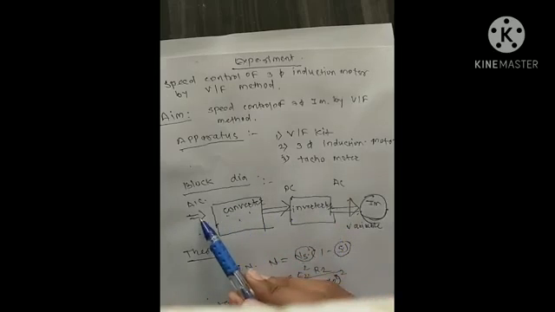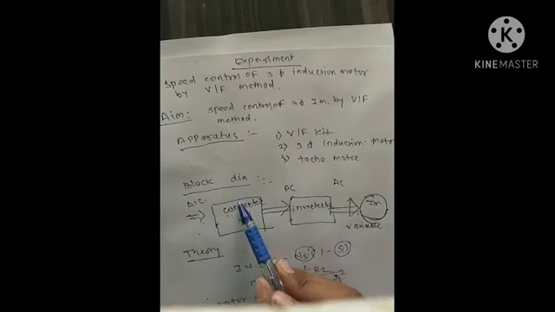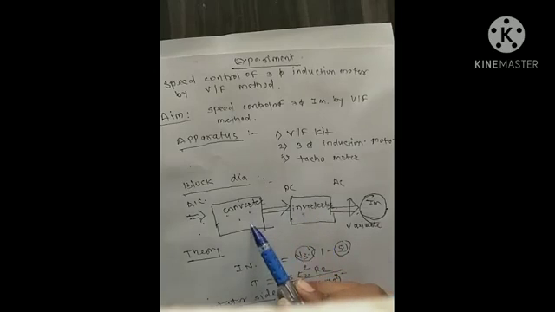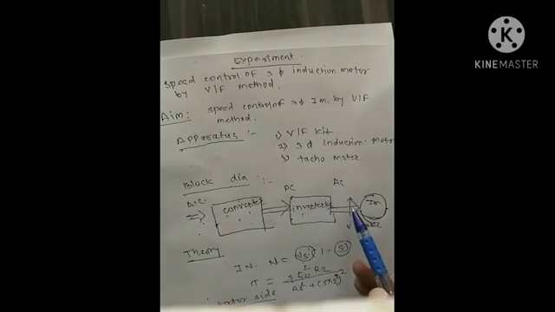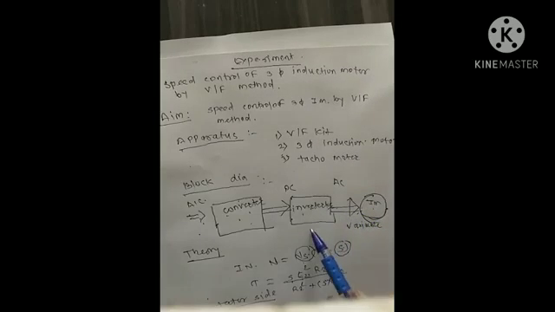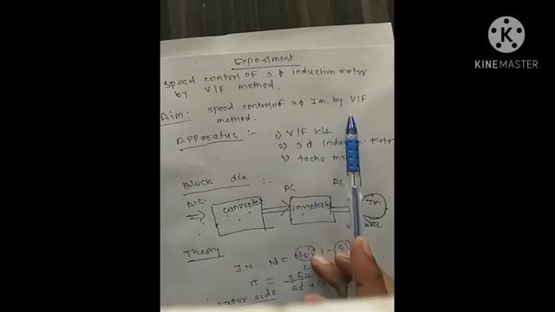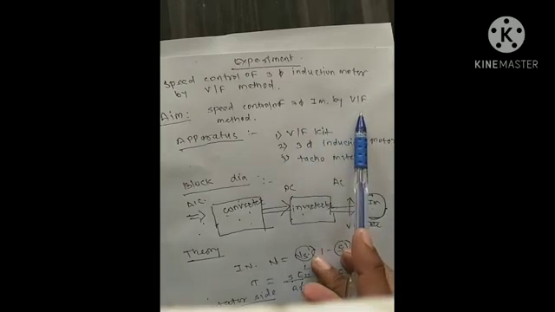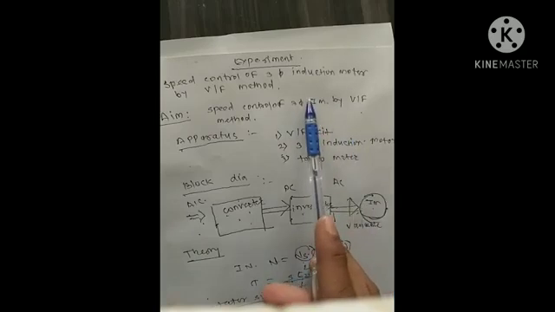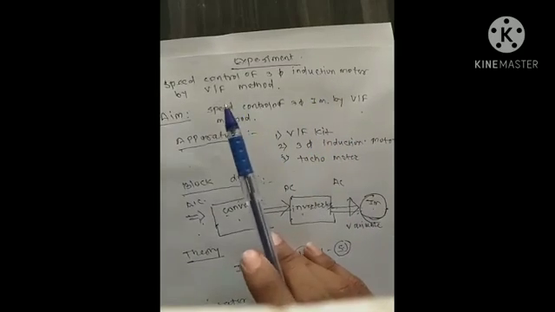The converter is used to convert AC to DC. After that, the inverter is used to invert the DC supply into AC supply, and finally we give the AC supply to the three-phase induction motor. Finally, by controlling the voltage and frequency ratio, we change the speed of the induction motor to the desired level. Thank you.